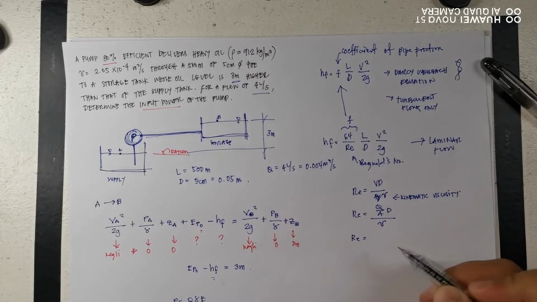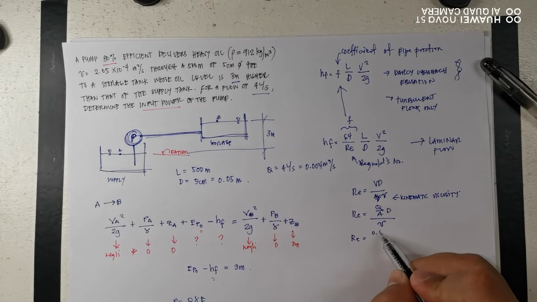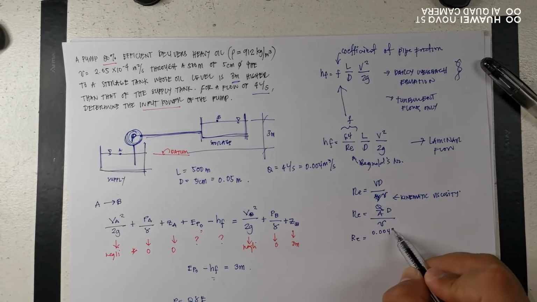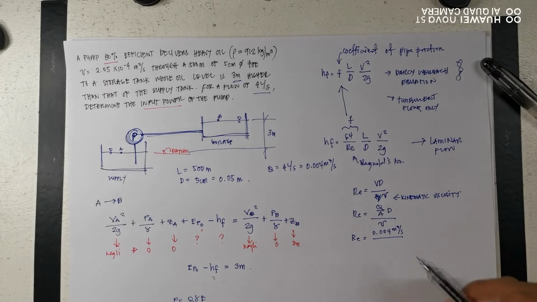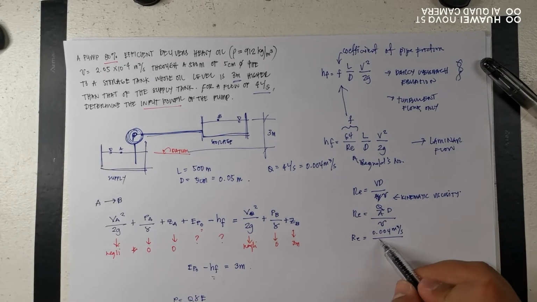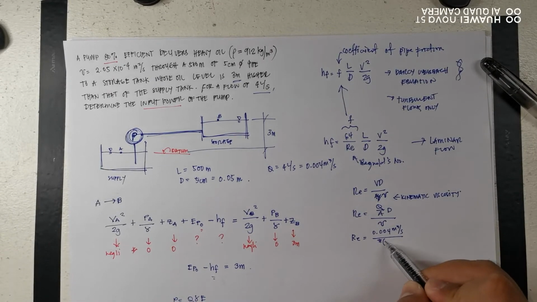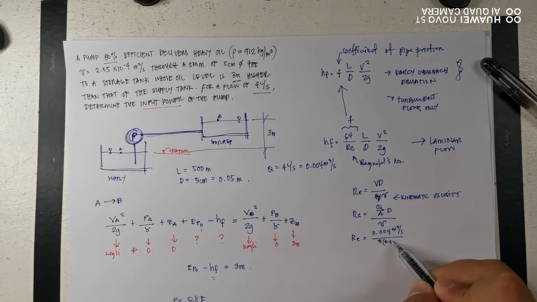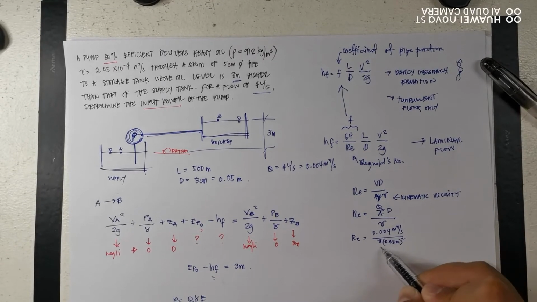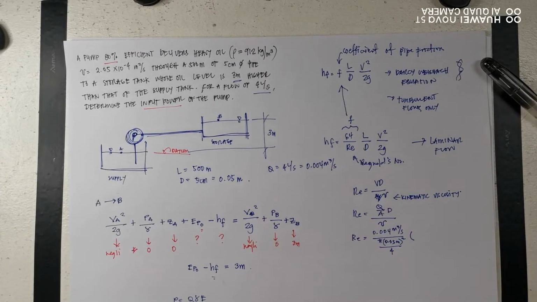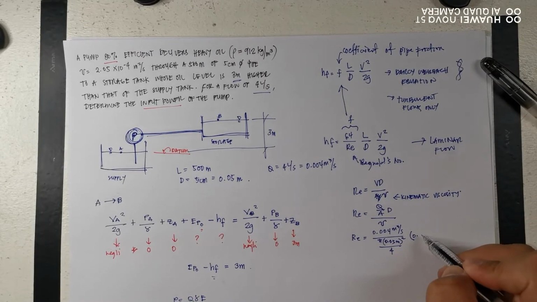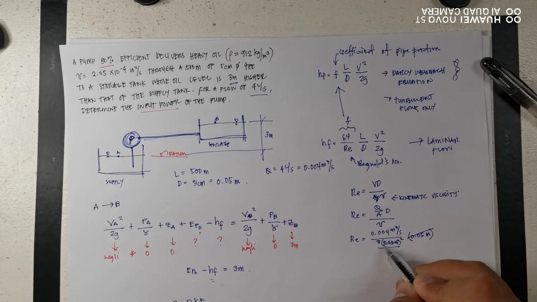So substitute natin, Q is 0.004 cubic meter per second over area. Area is pi times D, diameter is 0.05 meters squared over 4, times the diameter, which is 0.05 meters. So makakancel natin to, tsaka ito.